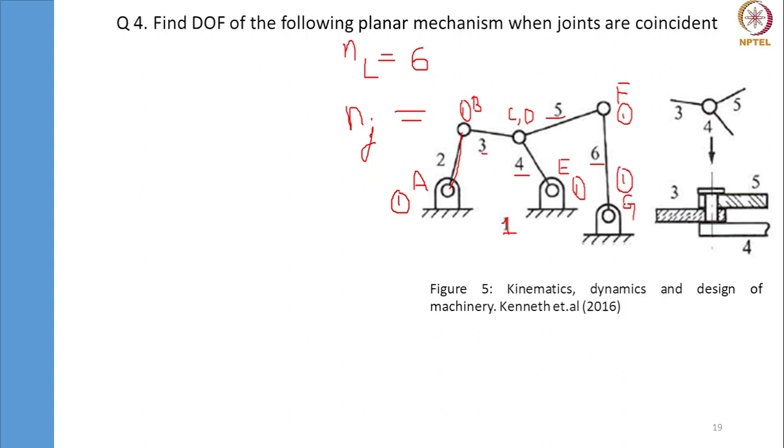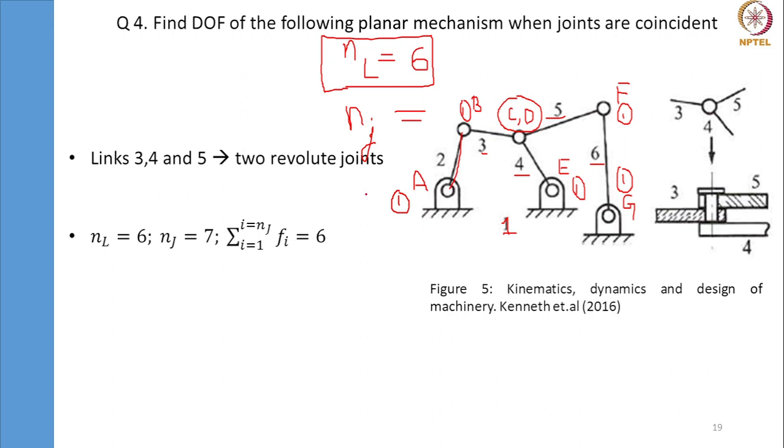The catch here is when joints are coincident, we are going to consider the joints as 2, and the link will remain intact. There is no confusion with respect to the number of links. Only the joints we are going to consider as 2.